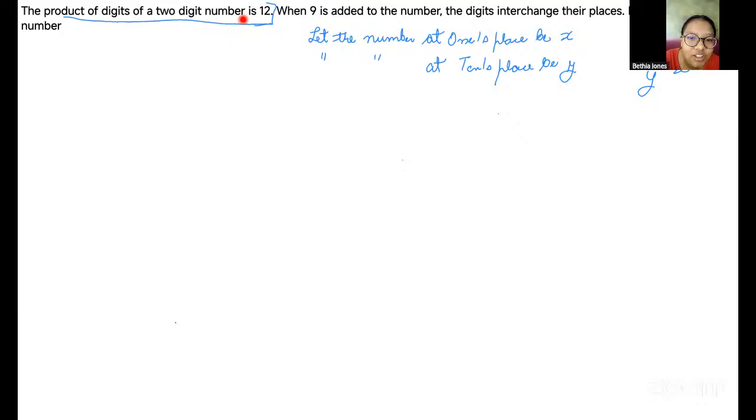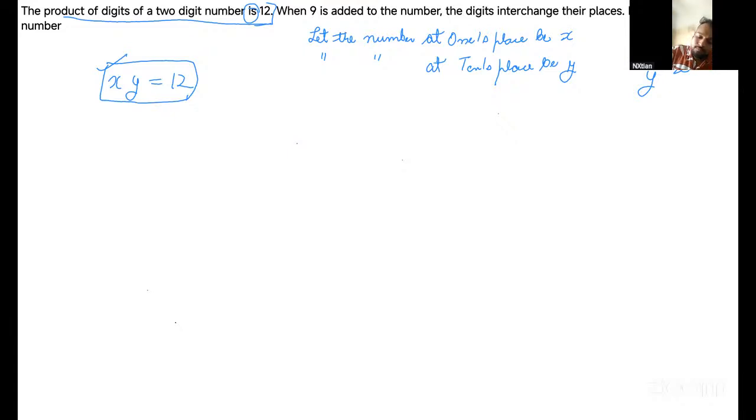The product of digits of a two-digit number is 12. So what are the two digits we have? X and Y. And product means multiplication, so x into y. And what is the meaning of 'is'? Is equals to. So this is the first equation. Simple. Did you understand?